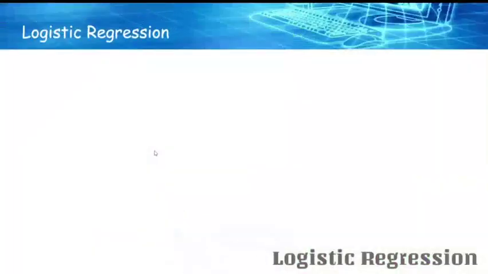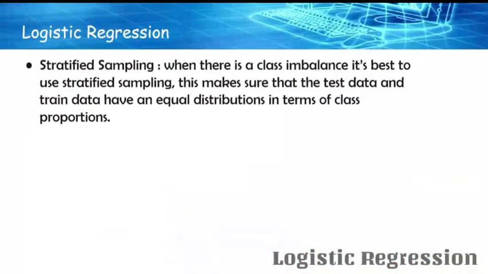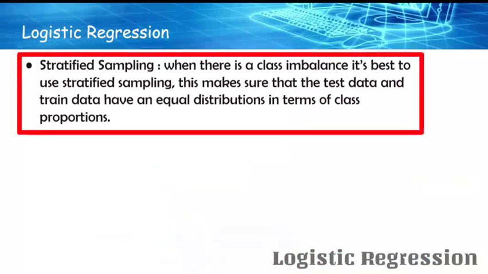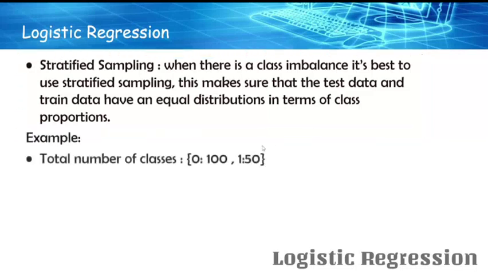And we have a few more things about logistic regression. One more thing is stratified sampling. Where a class is imbalanced, it is best to use stratified sampling. This makes sure the test data set and training data set have equal distribution in the class proportions. What exactly it means we'll see with an example.